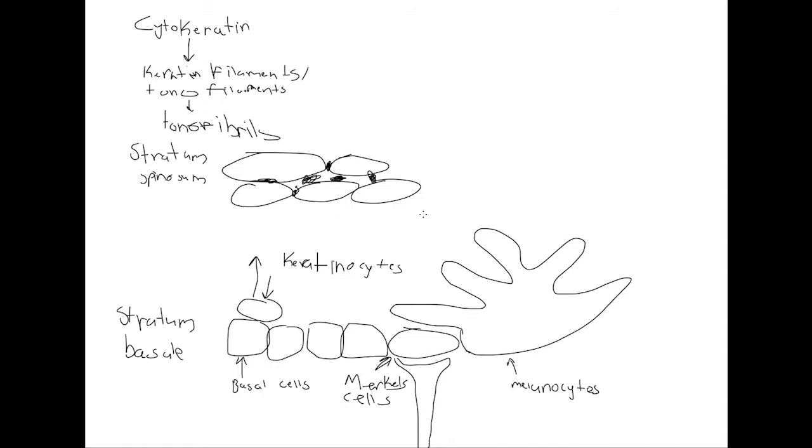These desmosomes are basically little parts that hold everything together, and they're also present in your stratum basale between all of these. The only thing that it doesn't attach to, not exclusively, are your melanocytes. But your desmosomes will be between your keratinocytes and your basal cells and your Merkel cells.